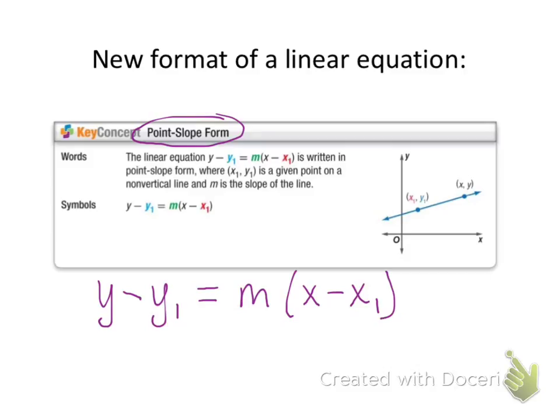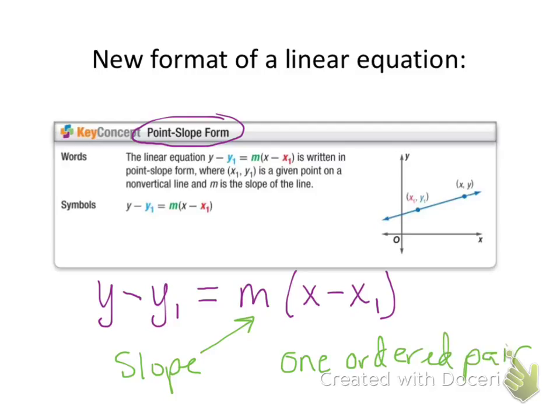And the nice thing about this is you need two pieces of information. You need the slope and you need one ordered pair, and that's x1 comma y1.